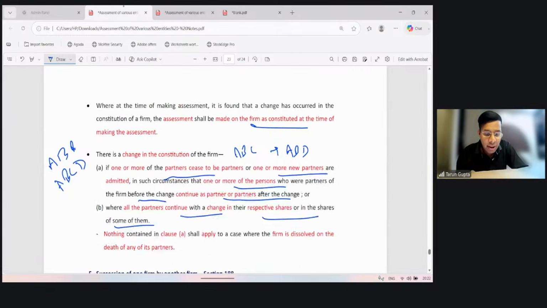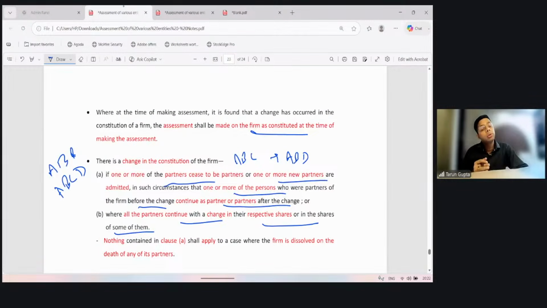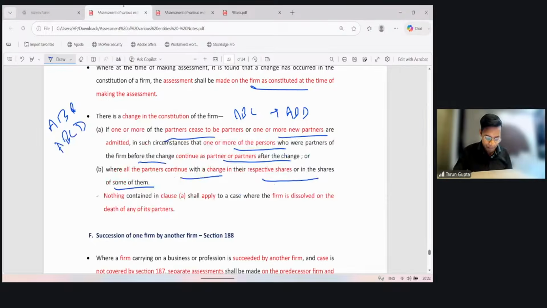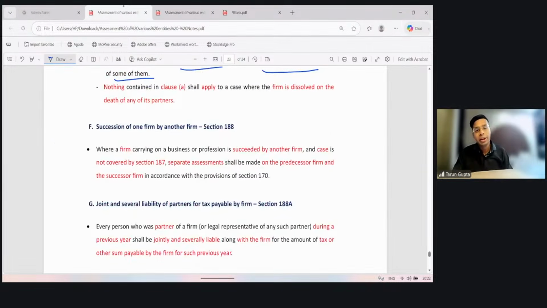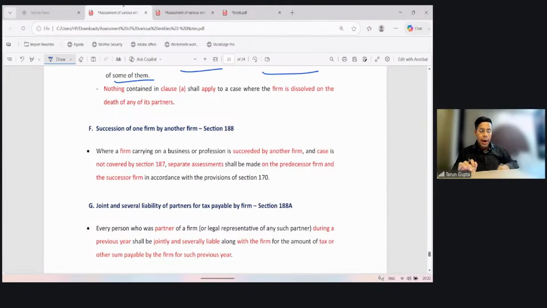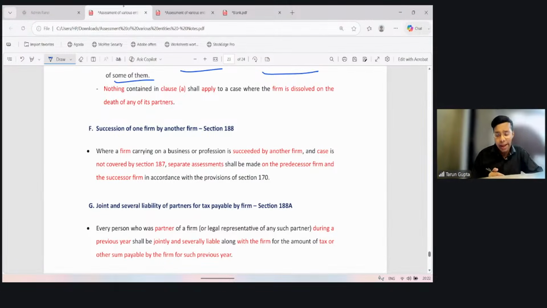Okay. And if there is a change in constitution that comes to the notice of the AO at the time of making assessment, then he will make the assessment on the firm as constituted as on such date of making assessment. This is said by section 187. Section 188, succession, which we discussed, ABC to DEF. Where a firm carrying on business or profession is succeeded by another firm, understood?